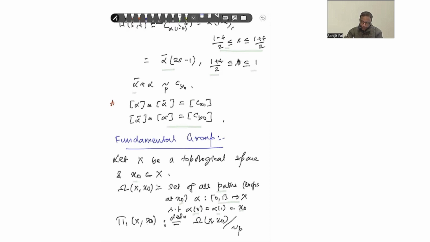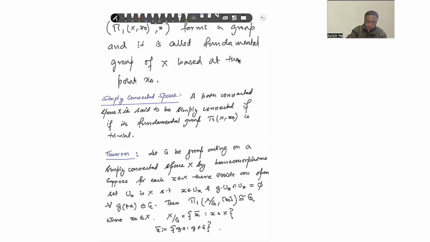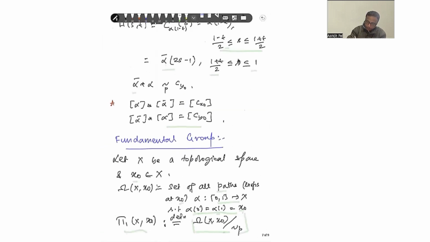And now what is the definition of pi_1(X, x naught)? It is this quotient space: omega(x naught), taking the equivalence classes of all loops. Whatever we have done earlier, now y naught is equal to x naught.